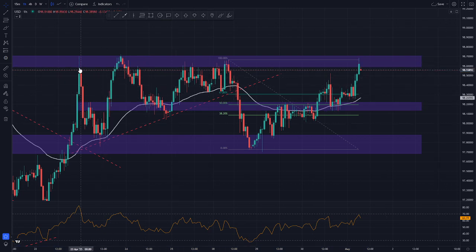Now the price has hit this previous level of resistance and reacted off it down to this place.